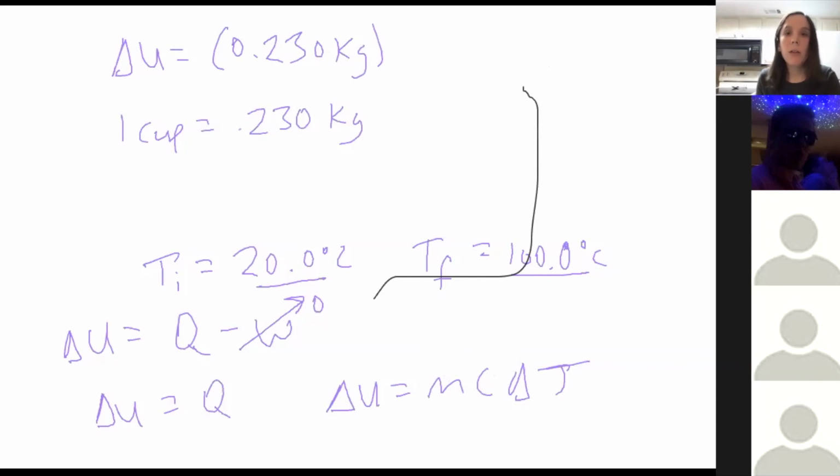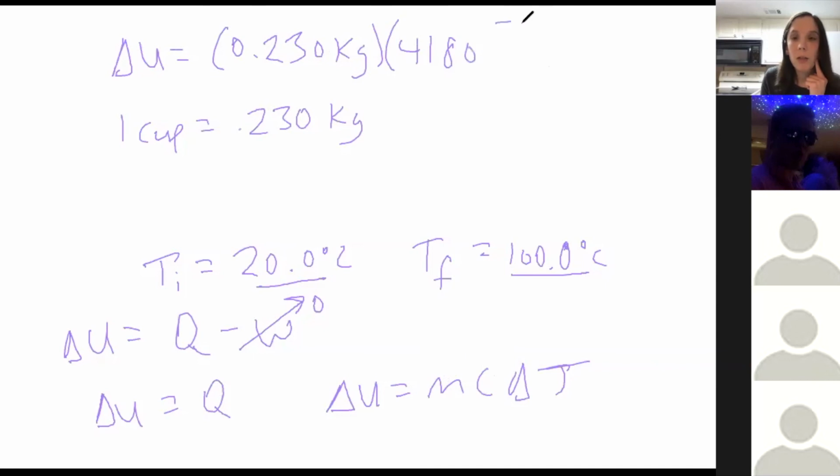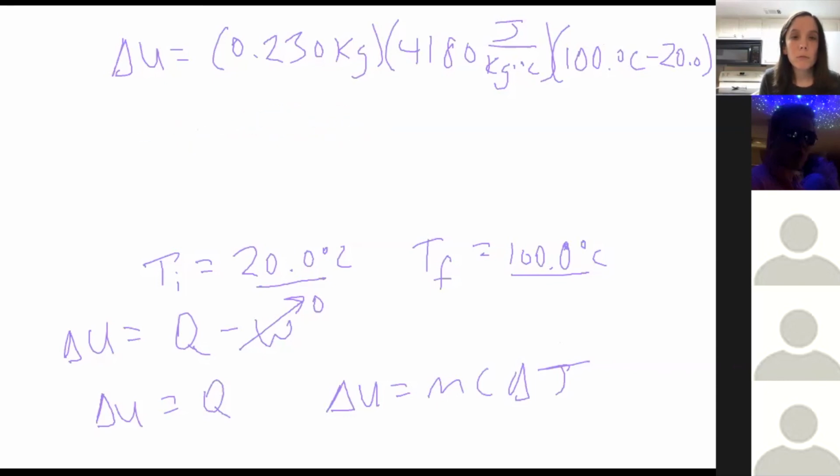And we would have the mass of the water times 4,180 joules over kilograms times degrees Celsius, times temperature change, we would do T final 100 minus 20. Multiply it out and go from there. So when you multiply out these numbers, you get for delta U 80,256.